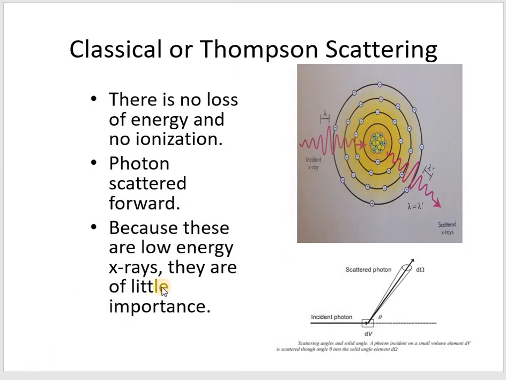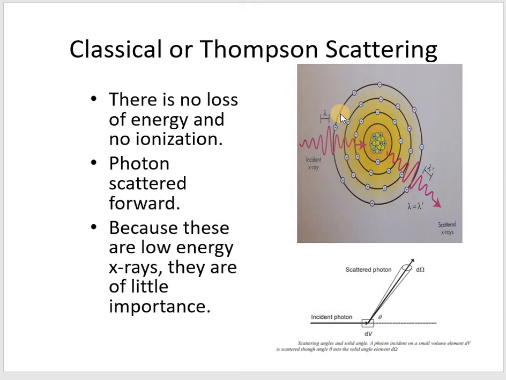In Thomson scattering, electromagnetic energy, or in our case X-ray, with a certain frequency is incident onto an electron. During this incident, the electron will emit waves of energy at the same frequency and in the same phase as the incident X-ray.